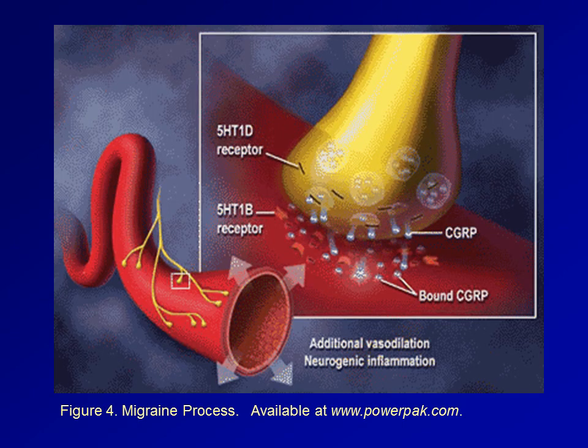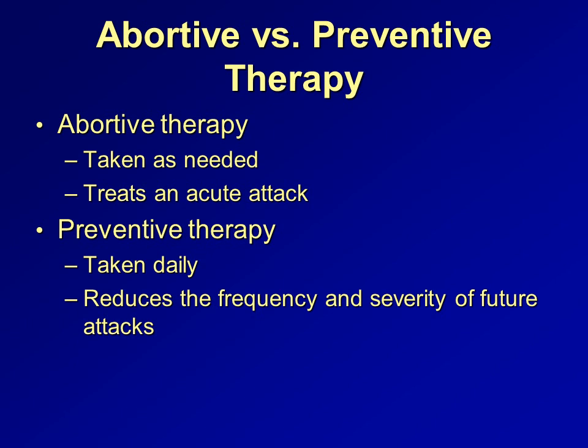The graphic on this slide shows closer that serotonin also plays a role in the pathophysiology of migraine. We'll cover this more when we discuss the triptans, which are medications that are selective serotonin receptor agonists. There are two strategies that are used to treat migraine headaches: abortive therapy and preventative therapy.